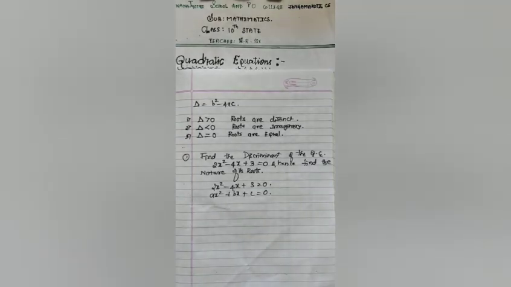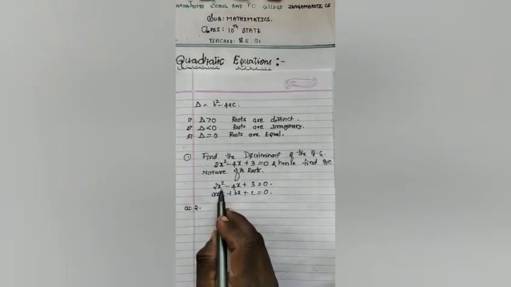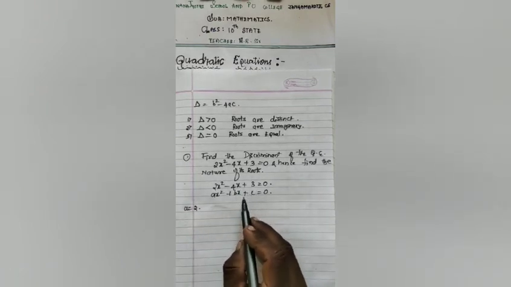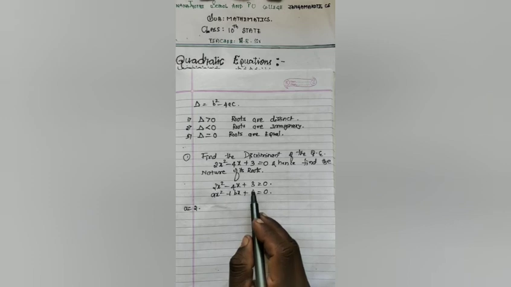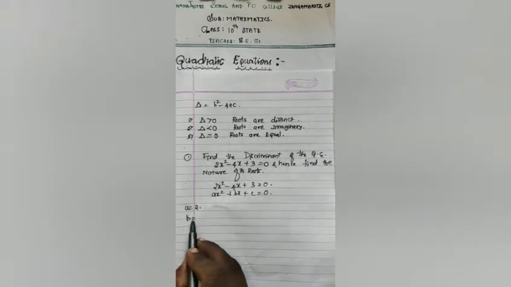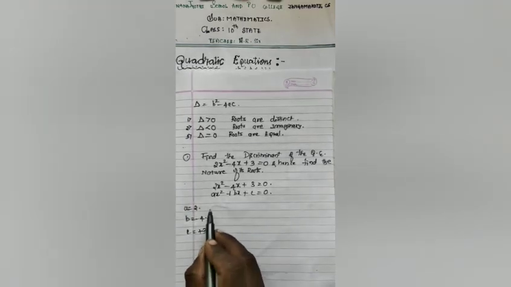Yes, it is in the standard form of a quadratic equation. Here the coefficient of x square is 2, the coefficient of x is minus 4, and the constant term c is plus 3, right? So a equals 2, b equals minus 4, and c equals plus 3. Is it clear to all children? Yes.